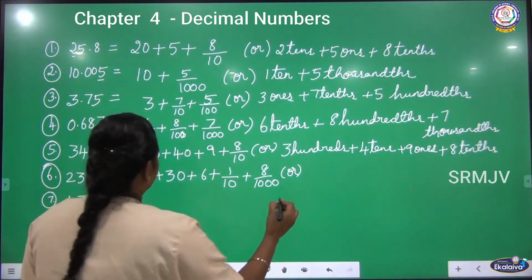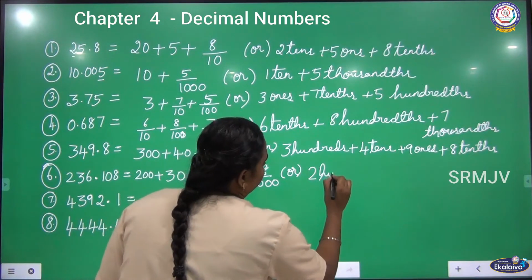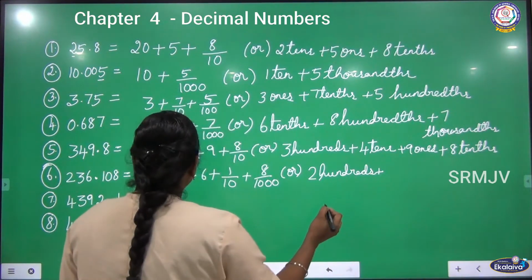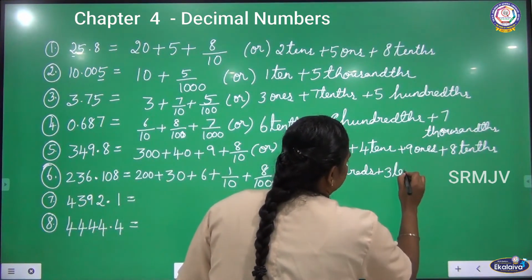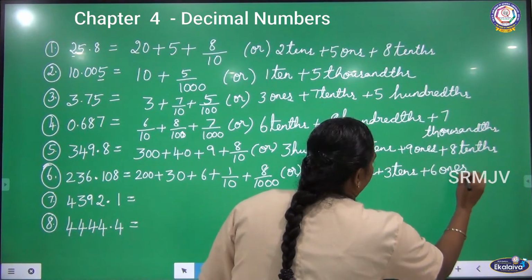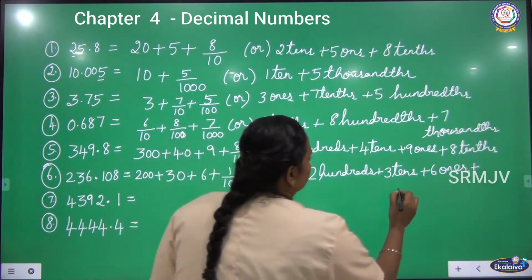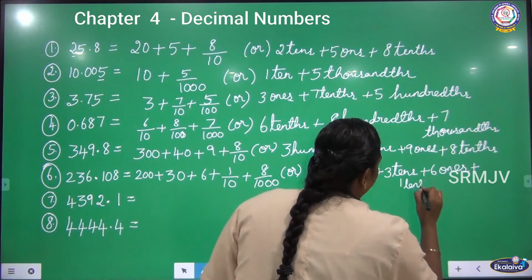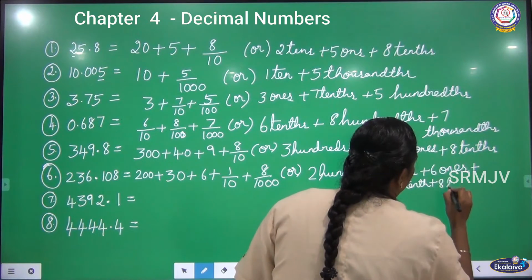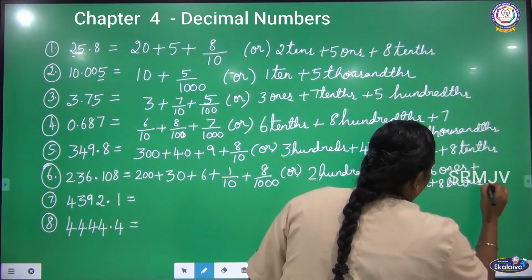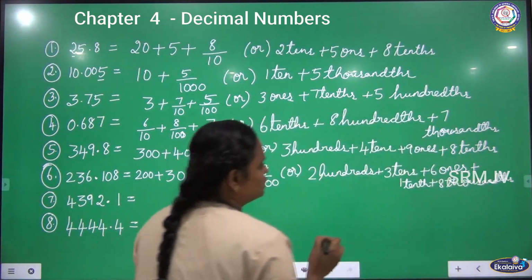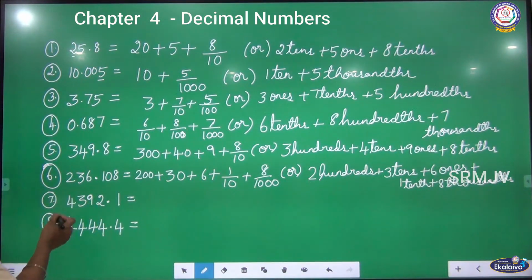So you can write 200s plus 3 tens plus 6 ones plus 1 tenth plus 8 thousandths.